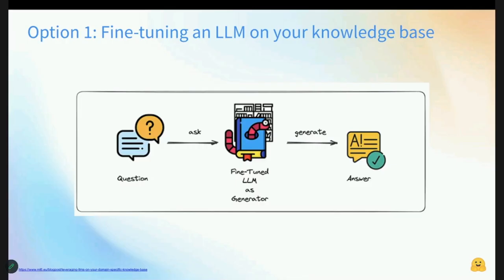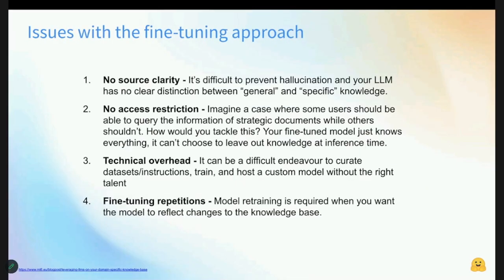But there are quite a few issues with this. The first one being that there's no source clarity. If you just ask an LLM a question, it's just auto-regressively generating text from its learned weights. It's first of all going to be really prone to hallucination, making up facts, making up things that sound real that are otherwise not.